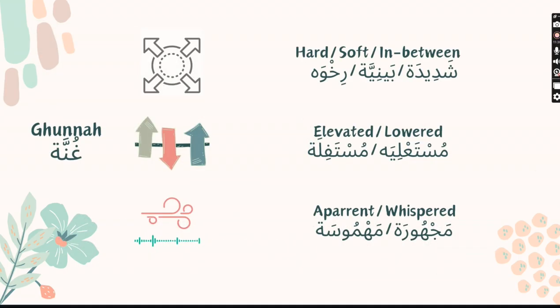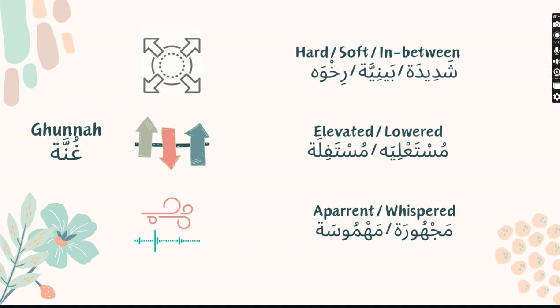Okay, now here we need to talk a little bit about the ra characteristics, and we are going to try to experiment the letters on the angles that we already took before. First one, is it shadida, bayniya, or rikhwa? Does the sound cut? If the sound cuts, if I say ab, this means that I made it shadida, and this is wrong.